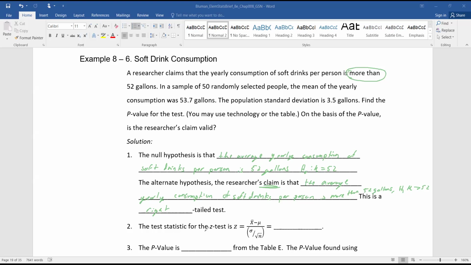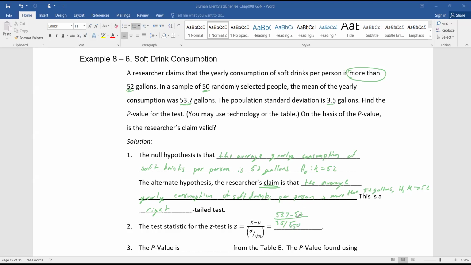So now the test statistic for the z-test is the sample mean, which they did for us, 53.7, minus the population mean, which is 52, divided by the population standard deviation of 3.5, divided by the square root of 50 randomly selected people.